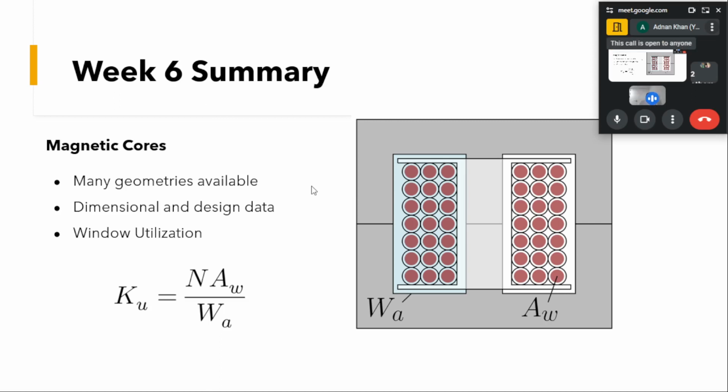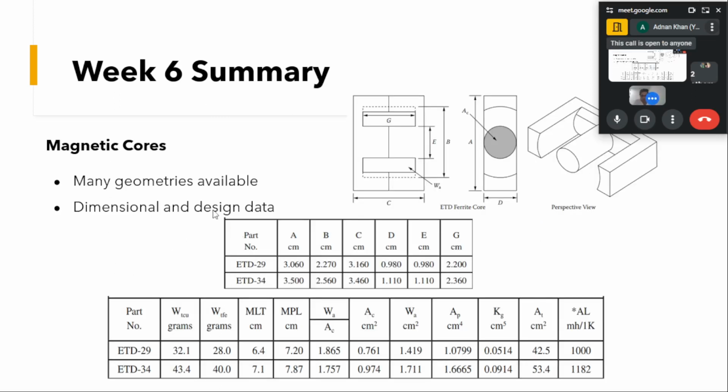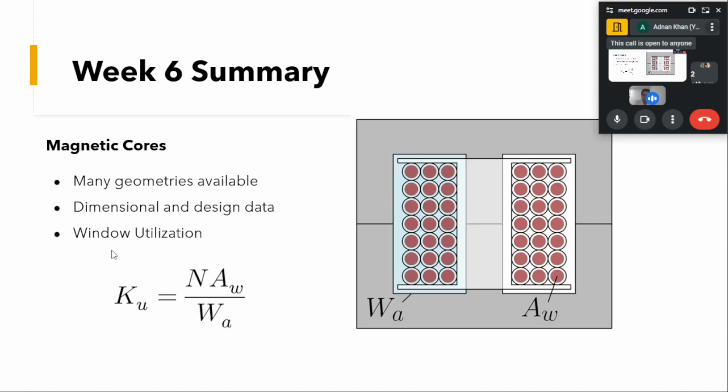As we saw, there are many cores and many geometries available. Then there will be dimensional data and design data that will be provided. After that, for a particular core, the other thing we have is the window utilization factor. What is this window utilization factor? If you can see, there is an E core here.